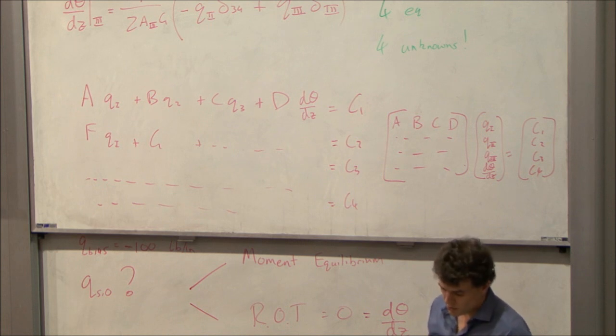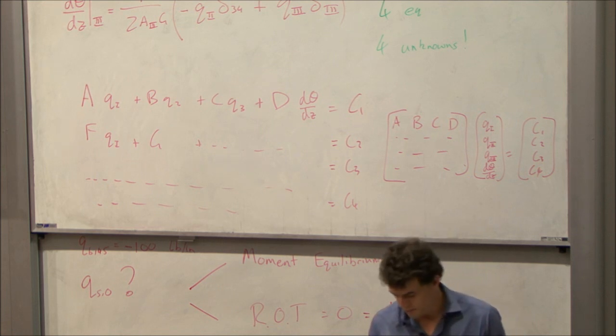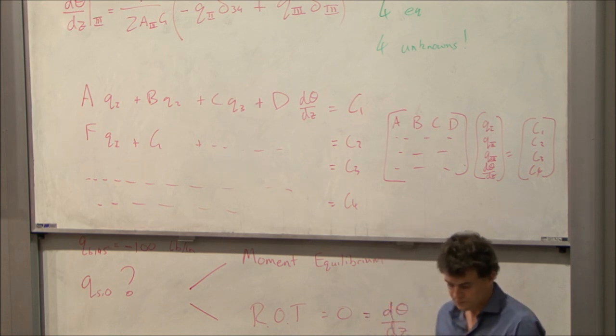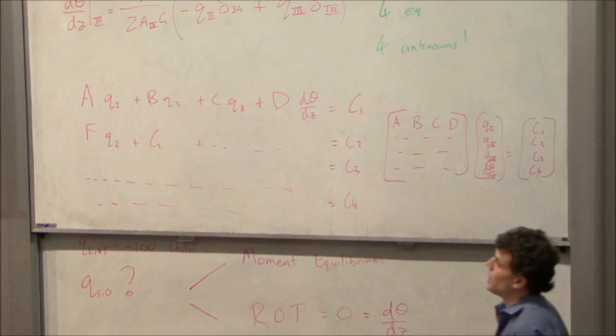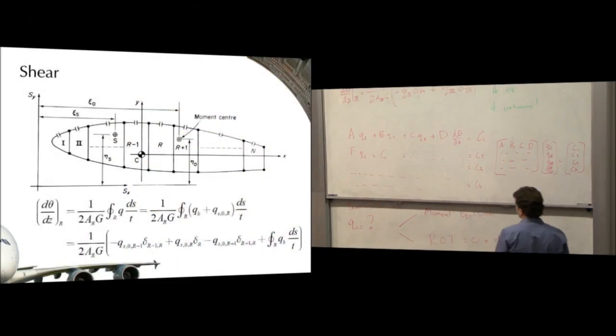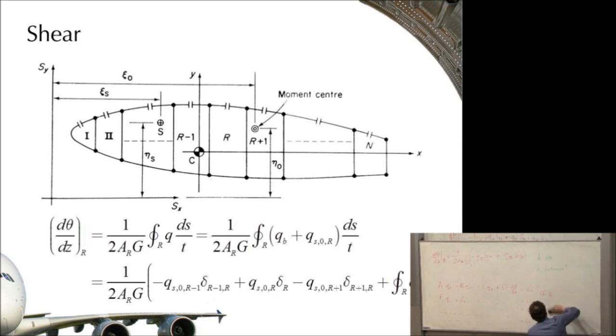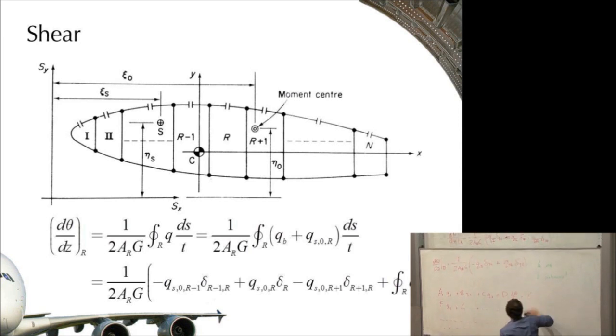Okay, so unfortunately torsion was the easy one. Shear, it gets even harder again. For shear problems, we need to cut every section. We know that we can't solve these independently, so we can't solve them from the shear flow formulas alone.